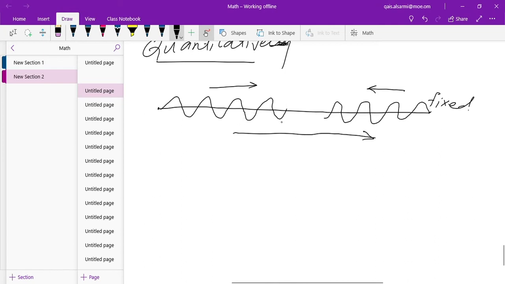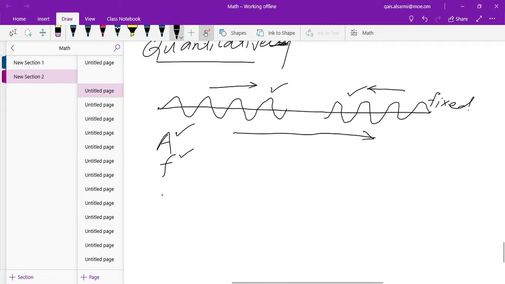Now students, these two waves, this one and this one, have something in common. Number one is their amplitude, A, that's the same for both of these waves. Number two, the frequency, that's also the same for both of these two waves.